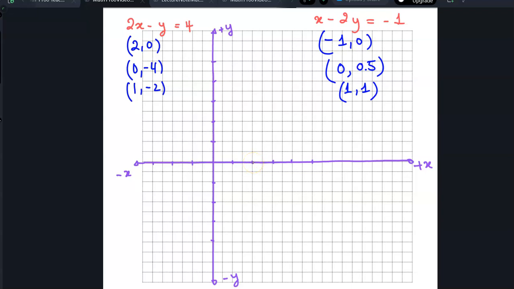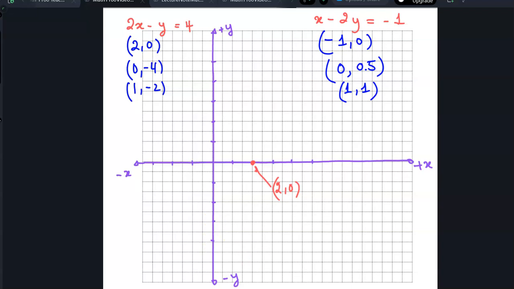So the point 2, when x equals 2, y is equal to 0. So that point is right here. So this is 2, 0. Okay, and the next point is 0 and negative 4. So this is negative 1, negative 2, negative 3, negative 4.